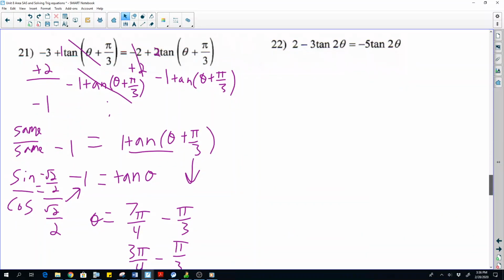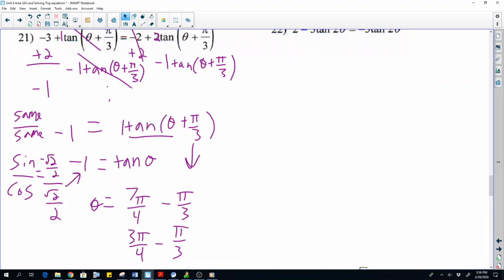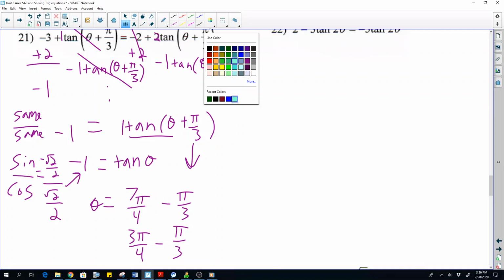Okay, so we're looking at number 21 right now. Cool, so we got to get a common denominator. Okay, so 3 and 4. How do we get a common denominator there? Well, 3 can't go into 8, but 4 can. What about 12? 12! 3 times 4 is 12. 12 will work.